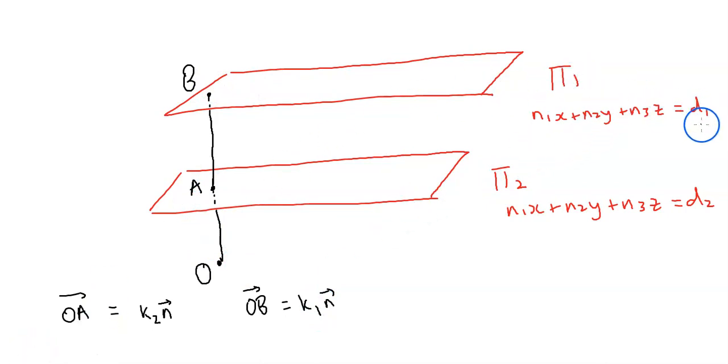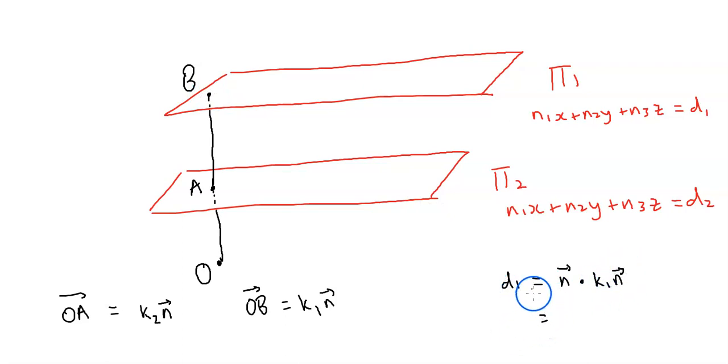And now we can observe that actually D1 is equal to the normal vector n dotted with the position vector of any point in the plane pi1. Well, one such position vector is OB, and that's equal to K1 times n.